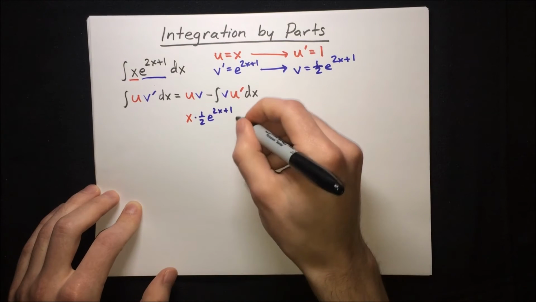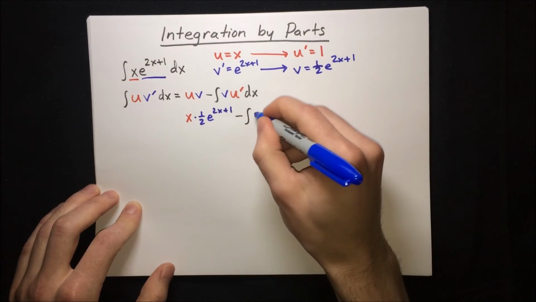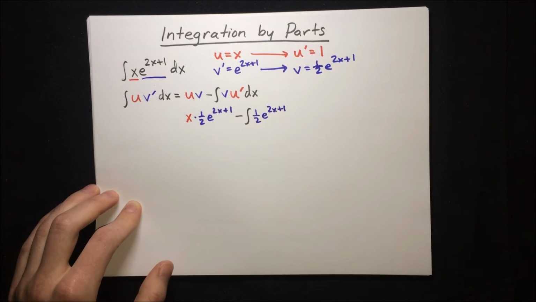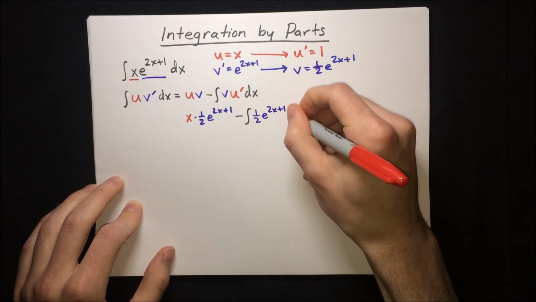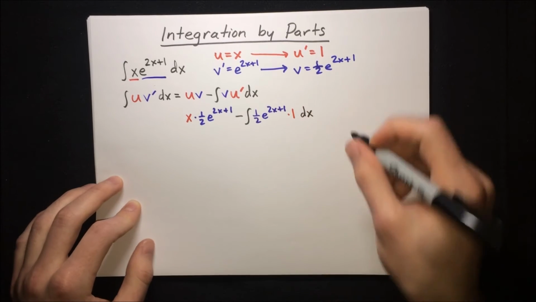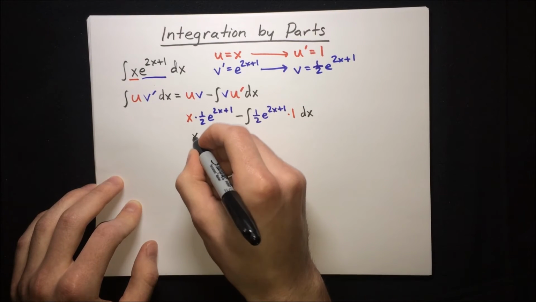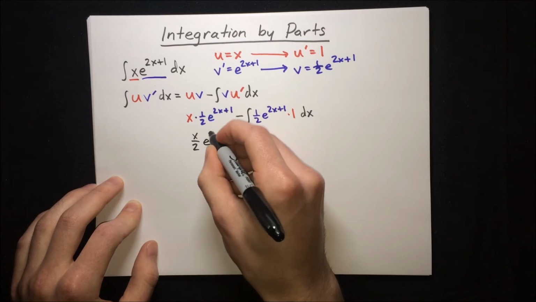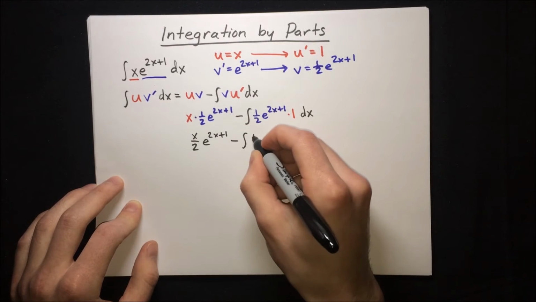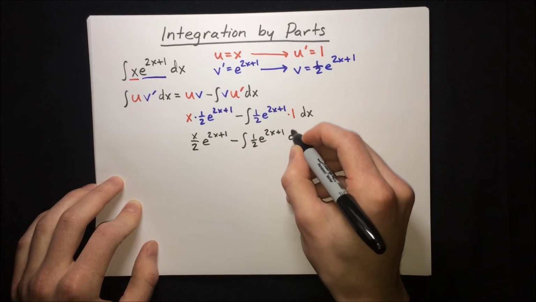And then we've got minus that integral of v again, which is a half e to the 2x plus 1, times u prime, which is just 1, and then dx. Okay, so let's simplify this and go ahead and solve. So this is x over 2 e to the 2x plus 1 minus the integral of a half e to the 2x plus 1 dx.